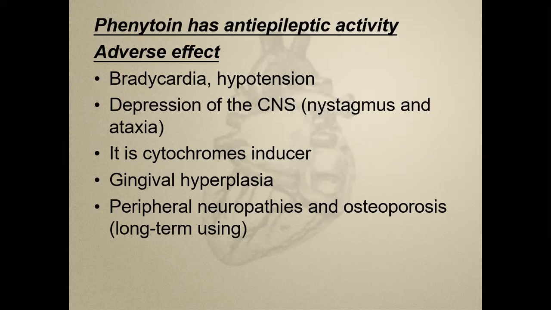These drugs inhibit the CNS, and as a result, maybe nystagmus and ataxia. Phenytoin is a cytochrome inducer, and as a result there will be tolerance. As side effects there may be gingival hyperplasia, and the gums may sometimes grow over the teeth. And when taken long term, maybe peripheral neuropathies and osteoporosis.